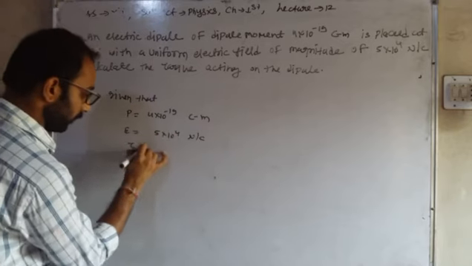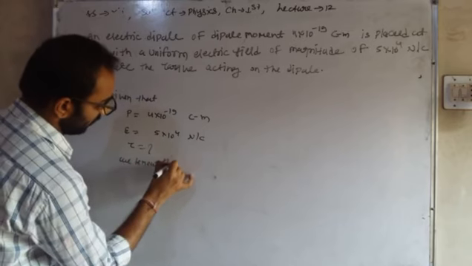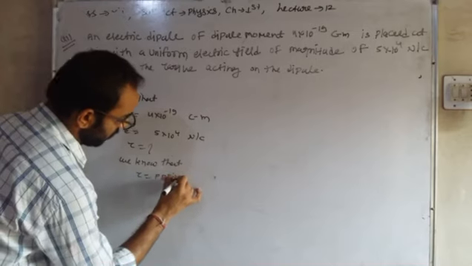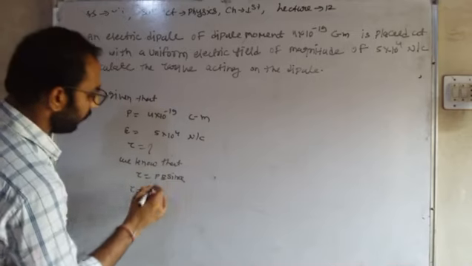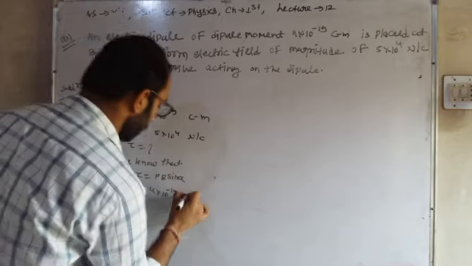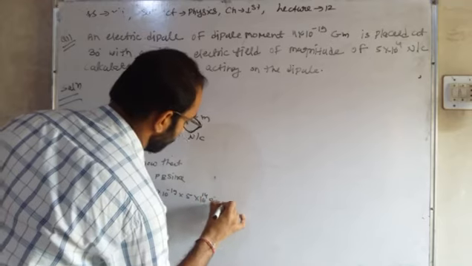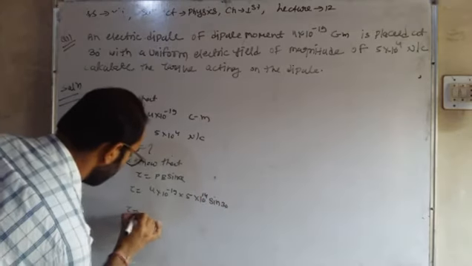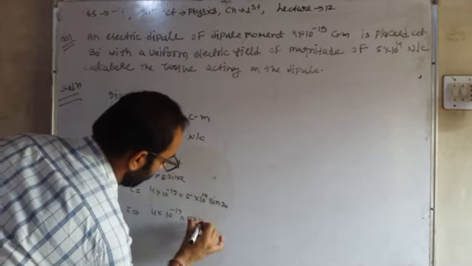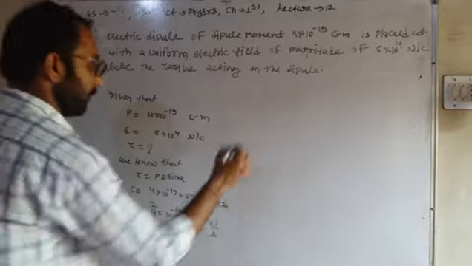Find out torque. Simply we know that torque is equal to pE sin theta. Put the value of p, 4 into 10 to the power minus 19, the value of E, and sin theta is sin 30, whose value is 1 by 2. So 4 into 10 to the power minus 19, 5 into 10 to the power 4 and 1 by 2. Cancel out 2 times.